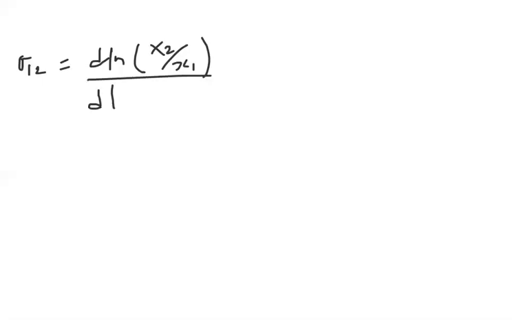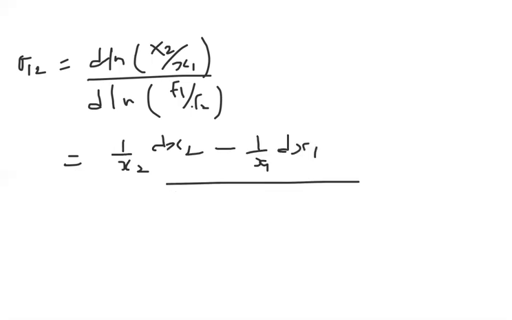Now the total differential gives the elasticity σ12 = d ln(x2/x1) over d ln(f1/f2). When we differentiated ln(x2/x1), we had (1/x2) dx2 minus (1/x1) dx1.